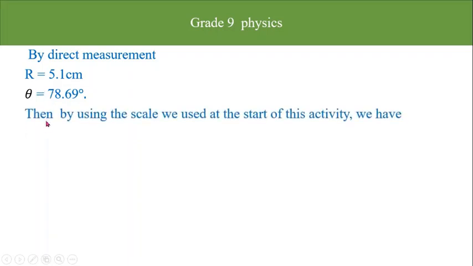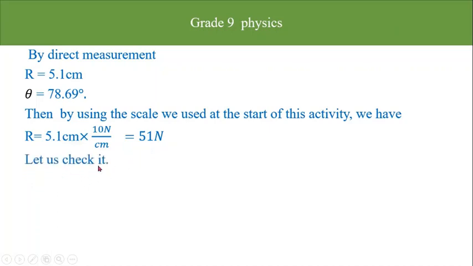So by using the scale which we used at the start of this activity, we have r is equal to 5.1 centimeter times 10 Newton per centimeter, which is equal to 51 Newton.